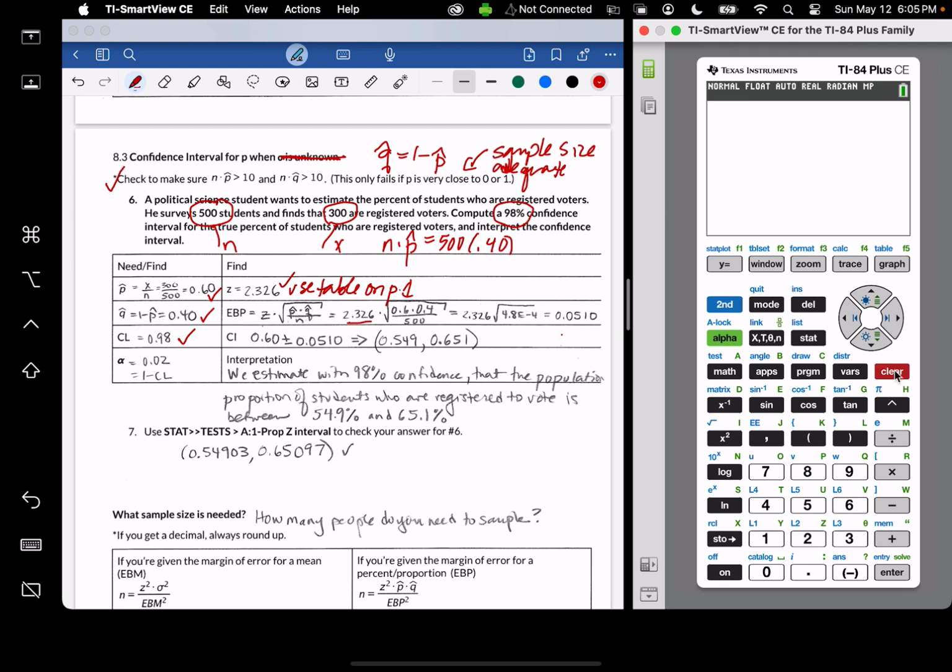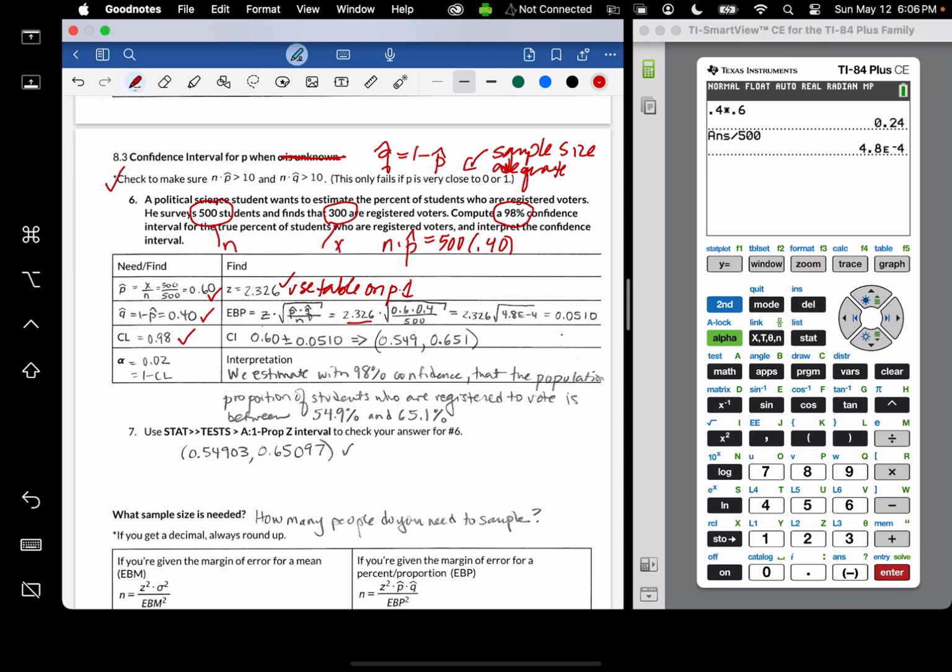Actually, you know what I'll do? I'll do 0.4 times 0.6, enter, divide by 500, enter, and then I get a really tiny number, 4.8 e negative 4.